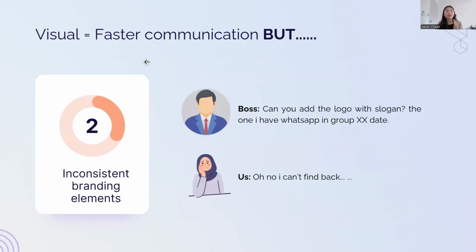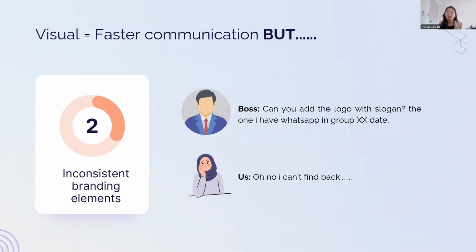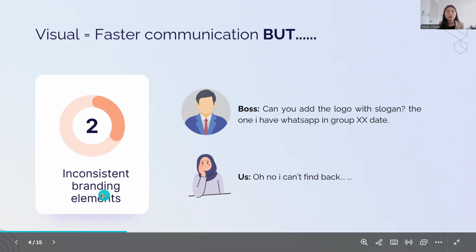The second challenge during visual design is inconsistent branding elements, because most of the time, those of us using Canva to communicate might not be the designer team. We might be the IT team, the HR team, the marketing team, the event executive team.